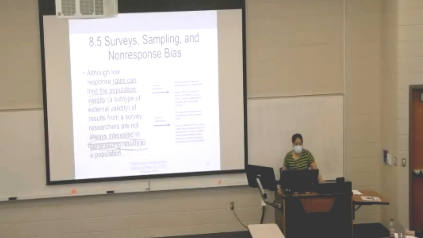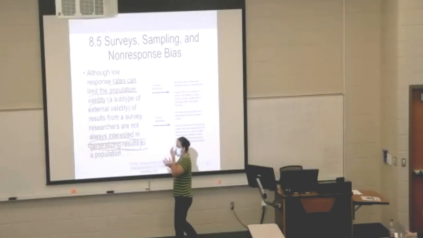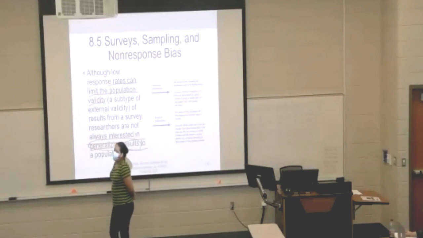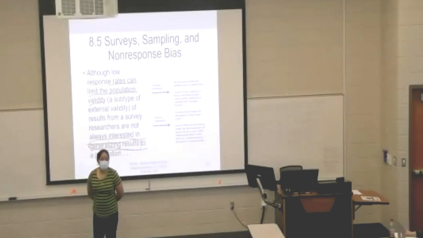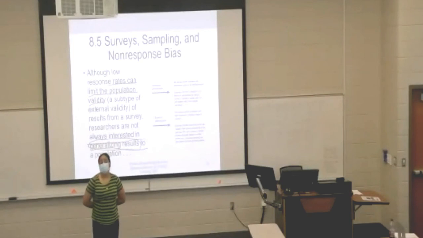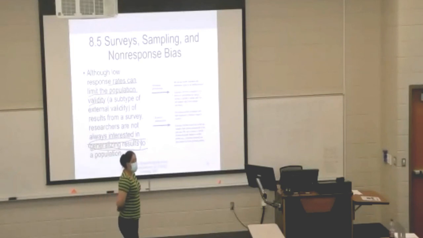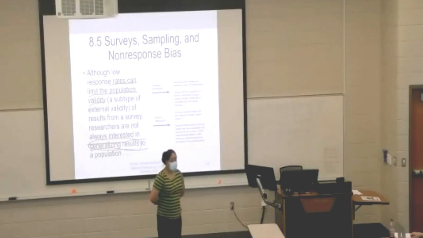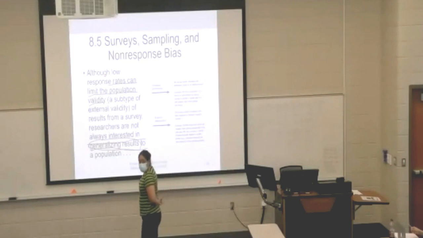Maybe we have 10,000 people here on campus, and I only got 30 people, and you're thinking, well, that sucks, because now you don't have a representative sample. Maybe I wasn't interested in a representative sample. Maybe I was only interested in, say, 30 people. Maybe I was only interested in 100 people.